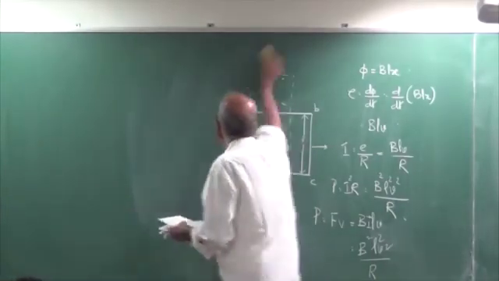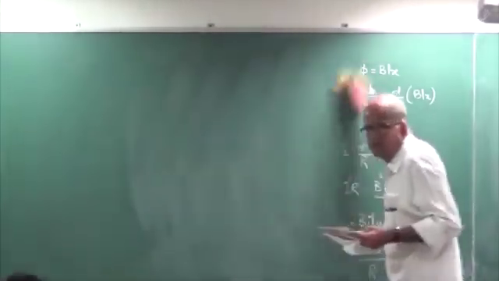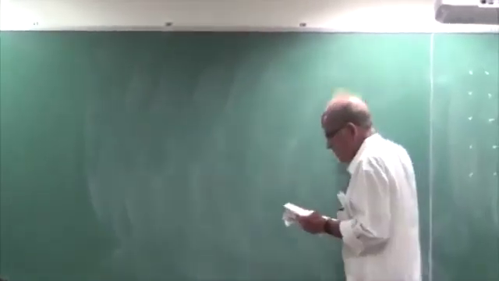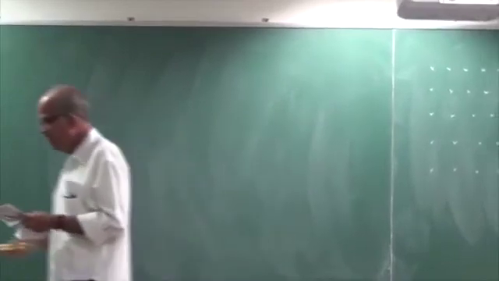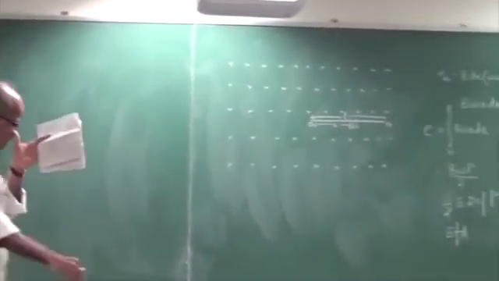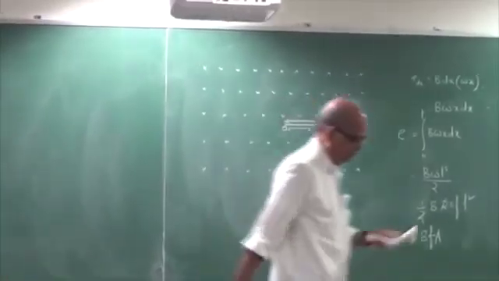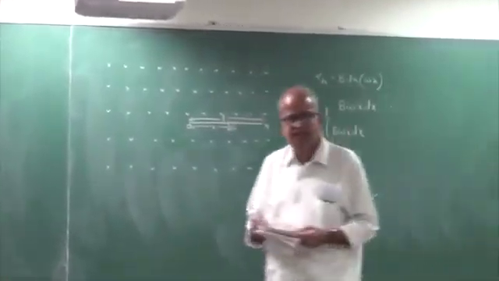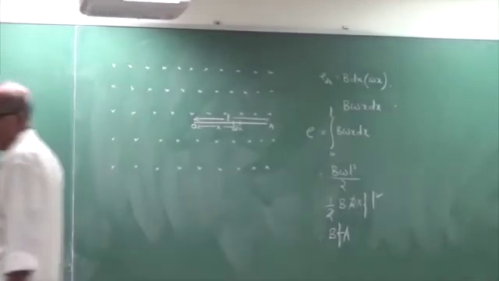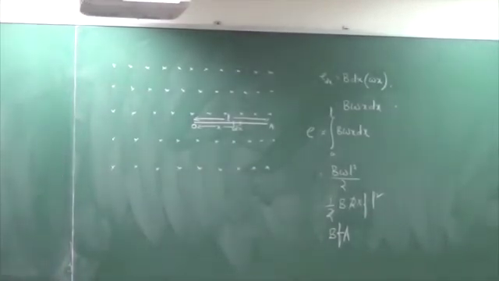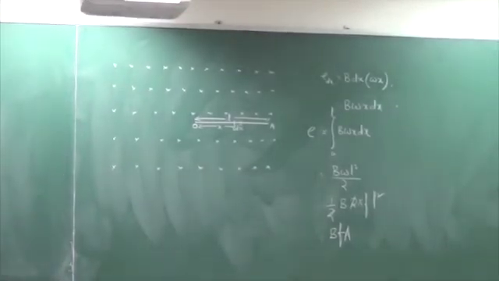Next, to find the EMF induced in a conducting disc rotating about its axis in a magnetic field. Follow this carefully. This is a circular disc kept perpendicular to the plane of the board.